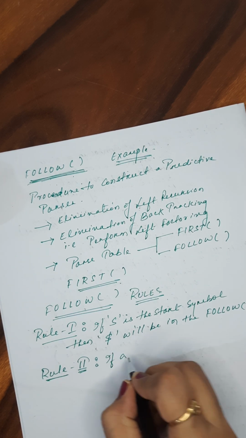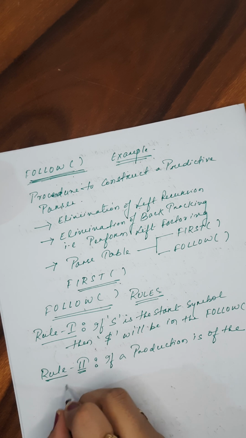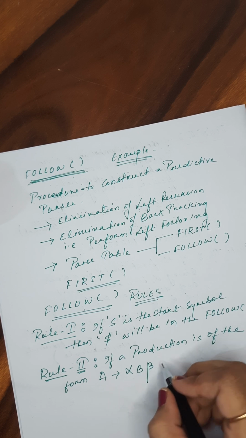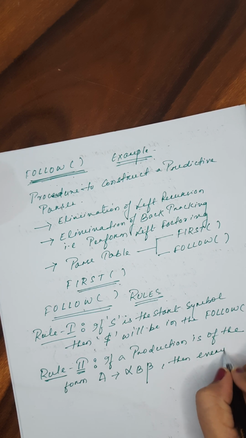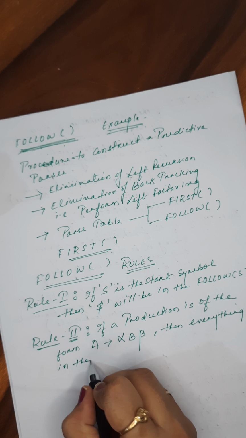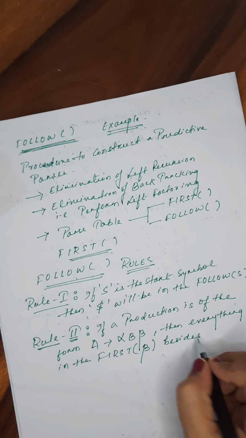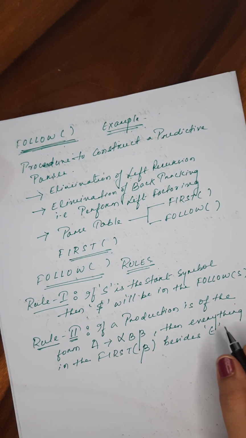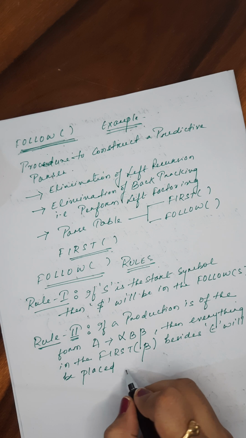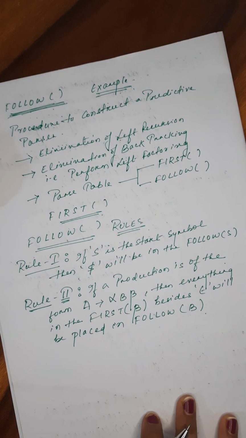If a production is of the form A tends to alpha B beta, then everything in the first of beta besides epsilon, that means the empty string will not be included, will be placed in follow of B. This is your rule number 2.